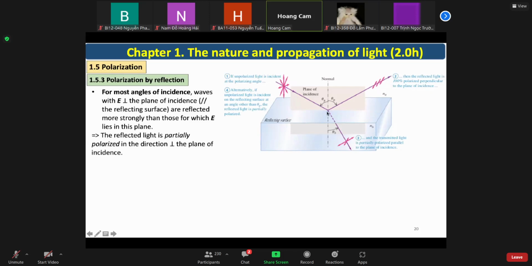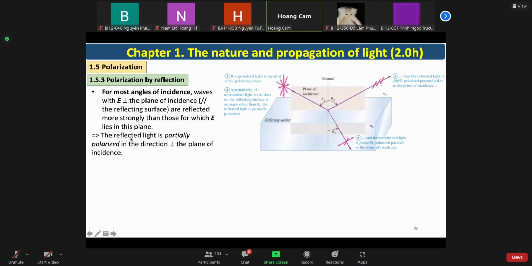Perpendicular to the plane of incidence means parallel to the reflecting surface. Those waves are reflected more strongly than those for which the vector electric field lies in the plane. So the incident rays with polarization perpendicular to the plane of incidence are reflected more strongly than the other case.